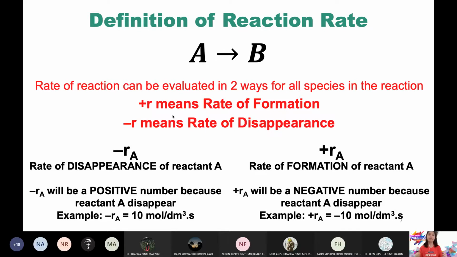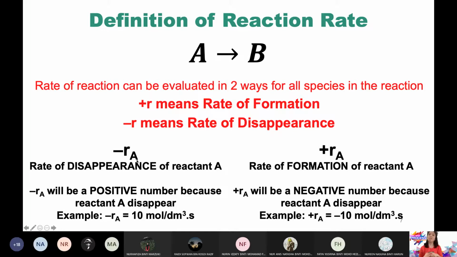Okay, that. Next, kamu kena faham pula. Kan saya kata the rate of disappearance, rate of formation is specific to the compound. So kamu kena letak rate ni berdasarkan compound A ke compound B. Okay, let's say kamu nak buat untuk compound A. So yang menjadi rate of disappearance of A, dia akan menjadi negative R subscript A. Ada A kecil kat bawah tu.